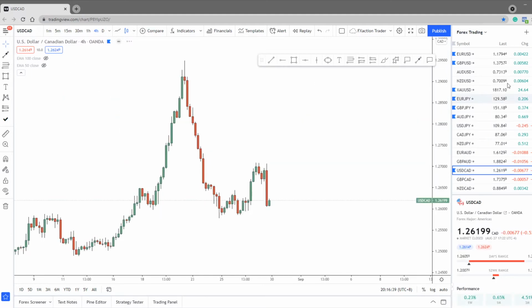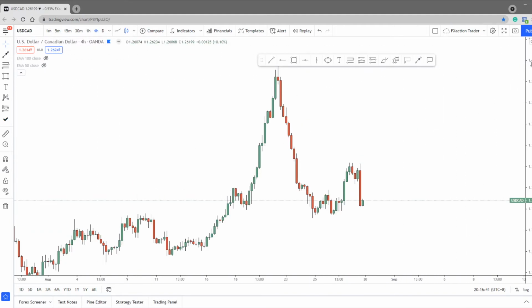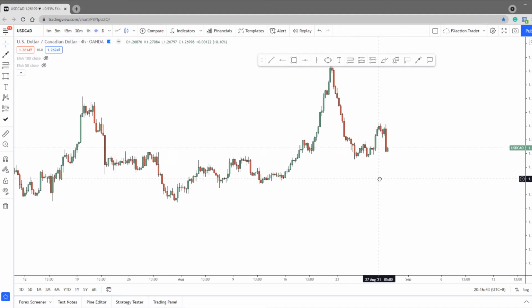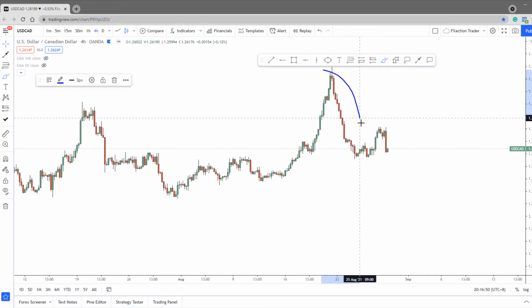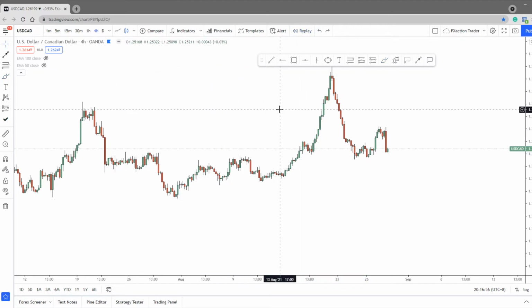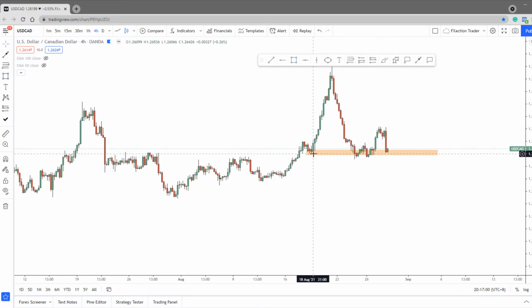So the last pair for today, the Dollar CAD. In terms of H4, market is now more bearish instead of bullish. Market is now going to retest this previous support level.